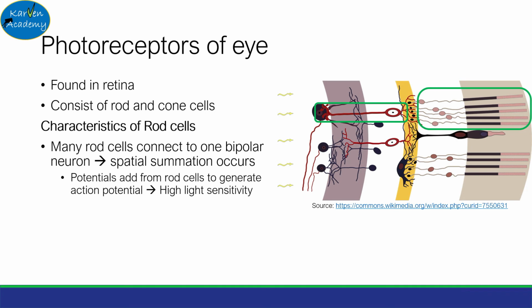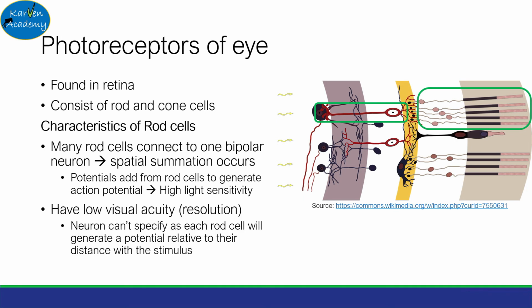And since many rod cells connect to one bipolar neuron, the rod cells end up providing low visual acuity, that is, resolution. This is because the neuron can't specify where exactly the stimulus is, as each rod cell will generate a potential relative to their distance with the stimulus.